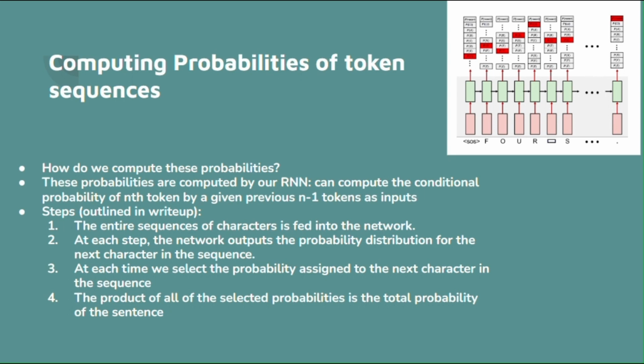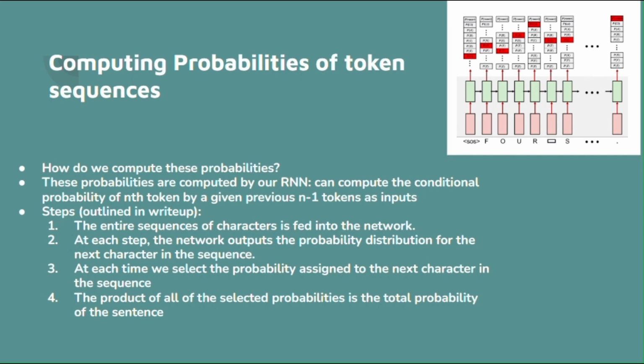However, at every time step, you know the actual next token, right? For example, at t equals 0, when the input was SOS, you know that the actual next token is F. At t equals 1, when the input was F, you know that the actual token was O. So in the probability distribution, you pick up the probability of the actual next token, and you do this for every time step. Then eventually you multiply all these probabilities to give you the final probability of the entire sequence.